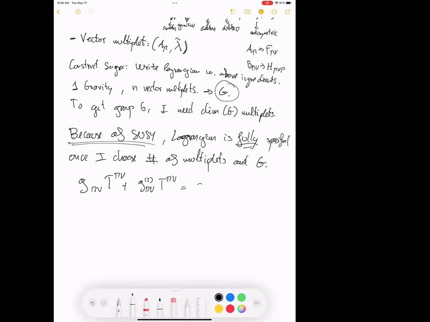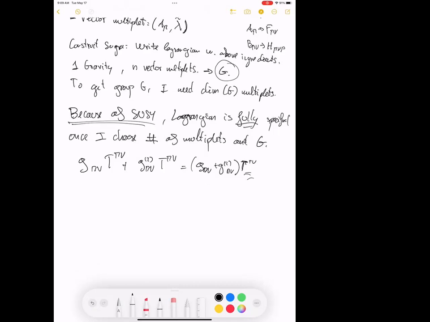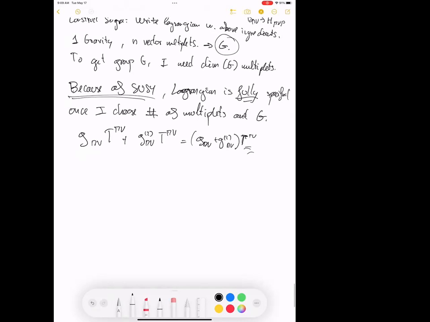So when you add the 2 terms, in the end, it's just one thing that couples to T mu nu. There's no way to distinguish these 2 gravitons, right? There's one linear combination that couples to matter, and the other linear combination doesn't couple at all. So it's not physical. This is why it's very, very difficult. I would say it's impossible to make theories of gravity with more than one gravity multiplet, and we certainly don't do this in this setup.